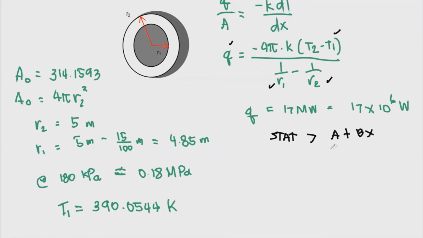This only means your equation is y equals A plus BX, where B is the slope and X is the independent variable. In this case, Y becomes our thermal conductivity, K, as a function of our temperature. So we have A plus B T. This will be your working equation for our thermal conductivity.